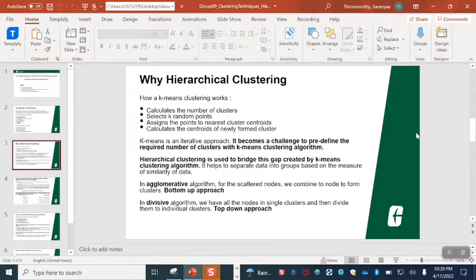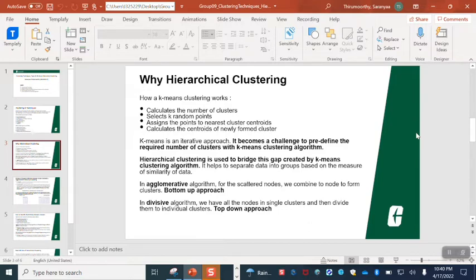In the agglomerative approach, it follows a certain pattern where all the data set is considered as different nodes, and with these scattered nodes, we initially group certain nodes together based on certain criteria, and different nodes based on different criteria, and at the end we will have individual clusters for each and every node.